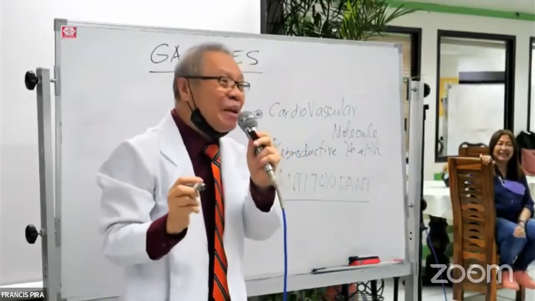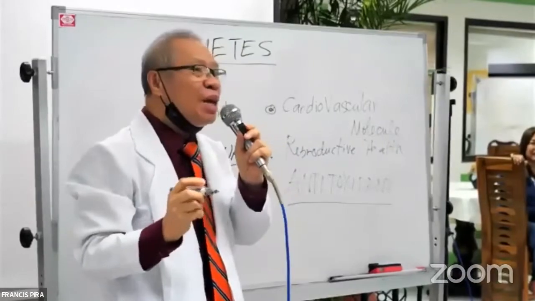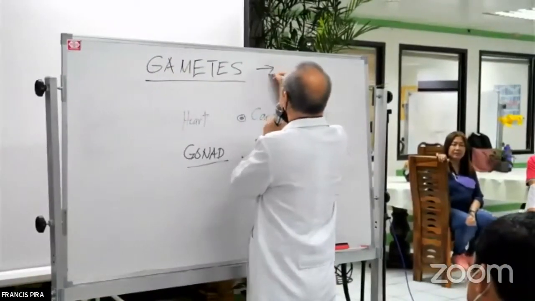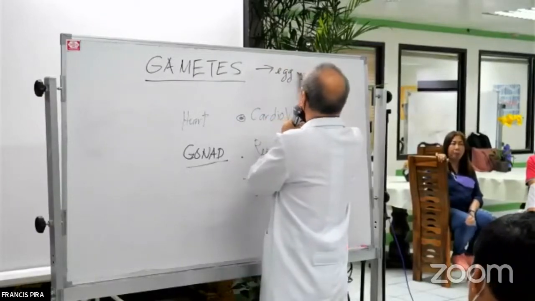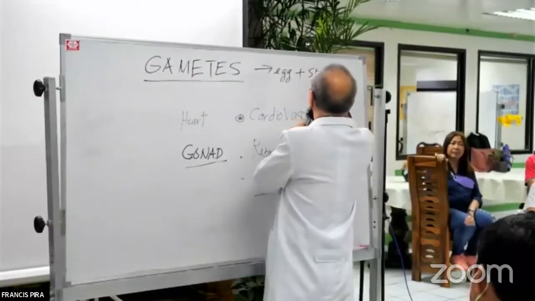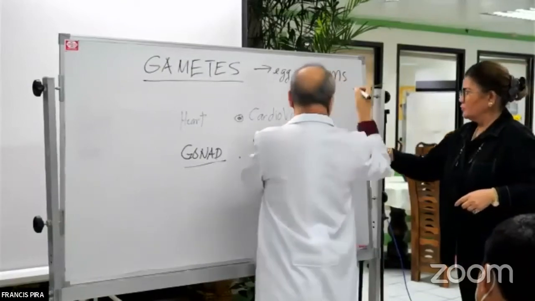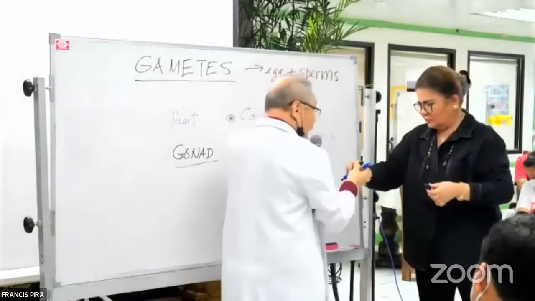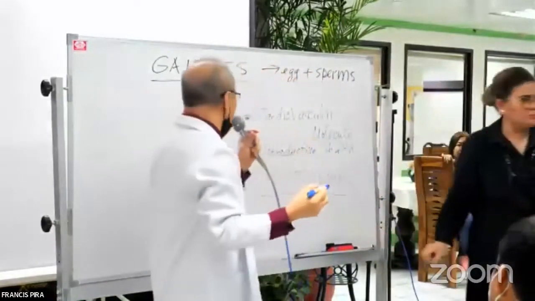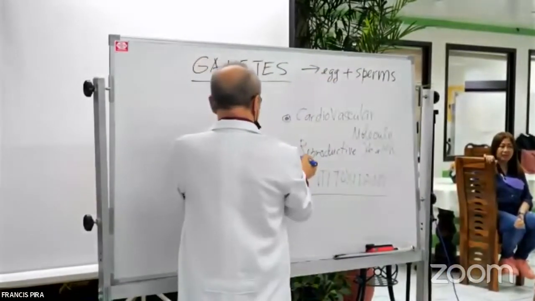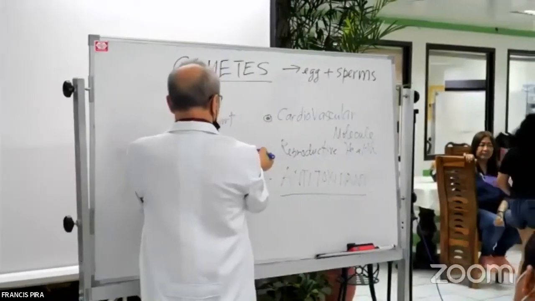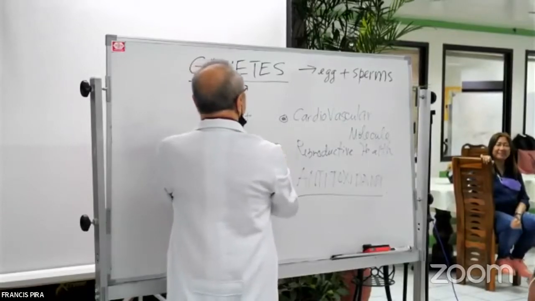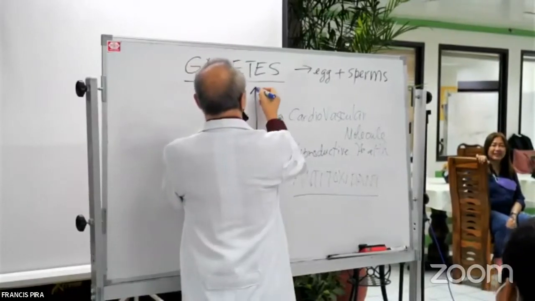The egg and the sperms are collectively known as gametes. What is the collective term for the testis and ovary? Gonad. Inside the gonad are the gametes.